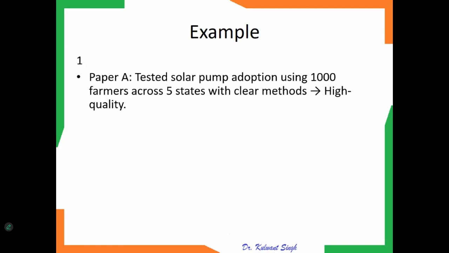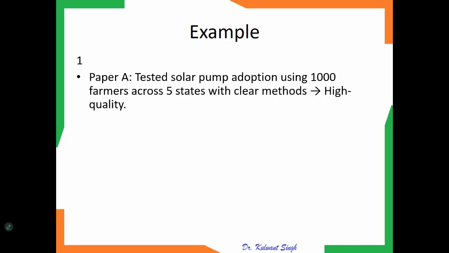Now, as an example, suppose a paper tested solar pump adoption using 1,000 farmers across 5 states with a clear method. It means the solar pump adoption was explored in a clear method by taking data from at least 1,000 farmers from 5 states.